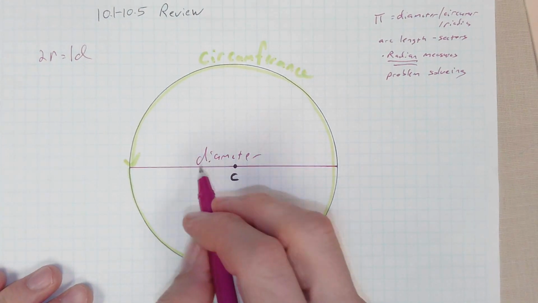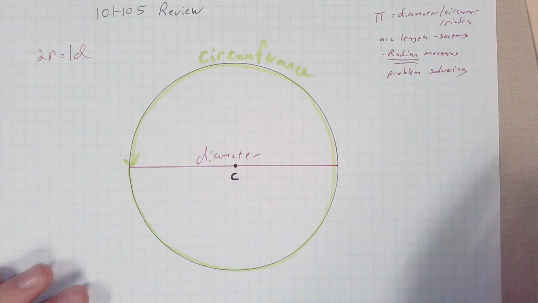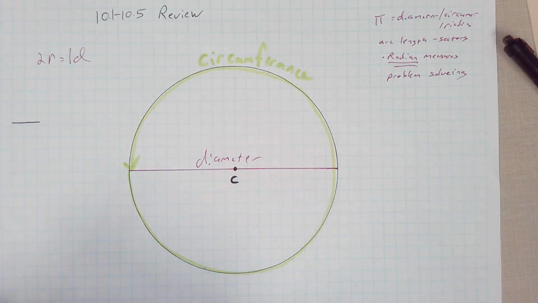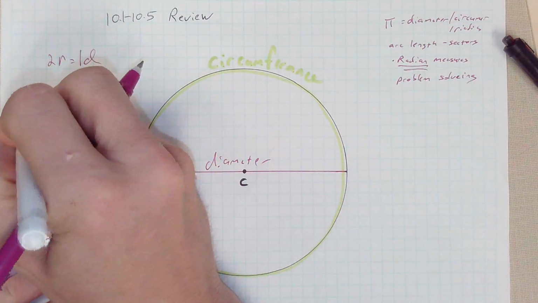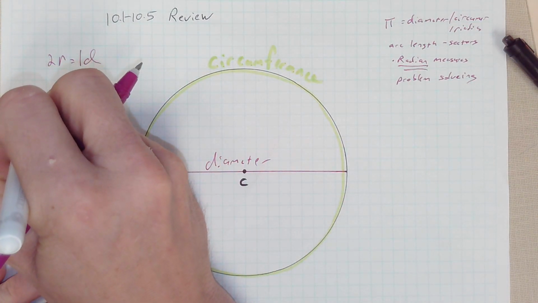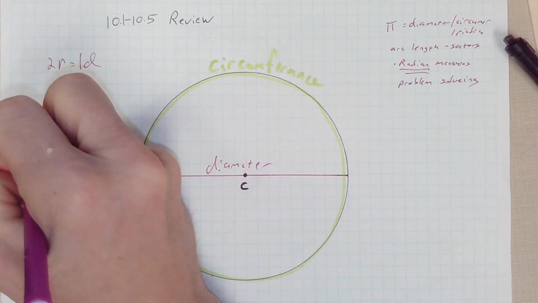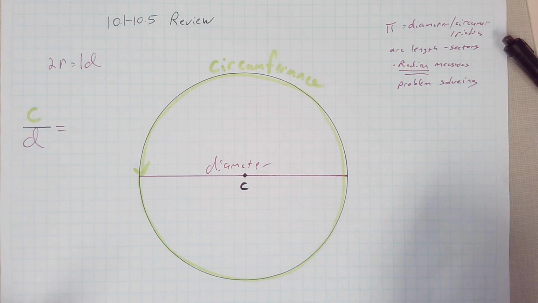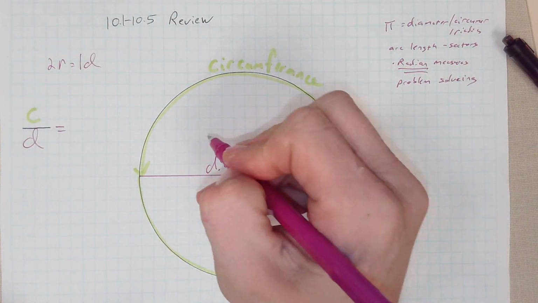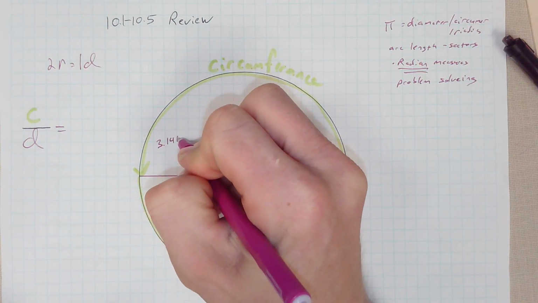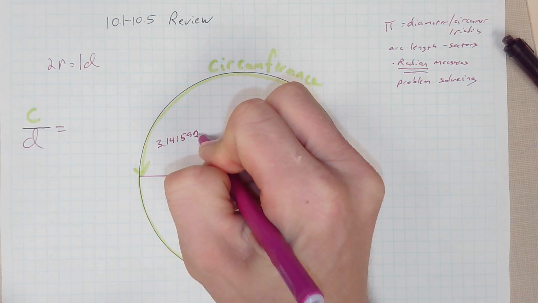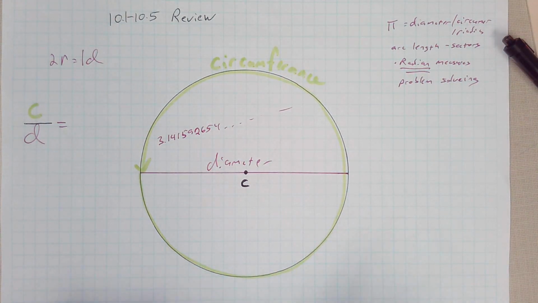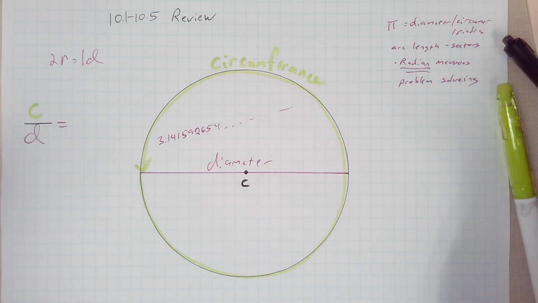So the ratio, or the fraction, of the circumference, which is the bigger number because it's obviously longer, to the diameter of a circle will always be this ratio of 3.141592654, and then it goes on for a very, very long time.